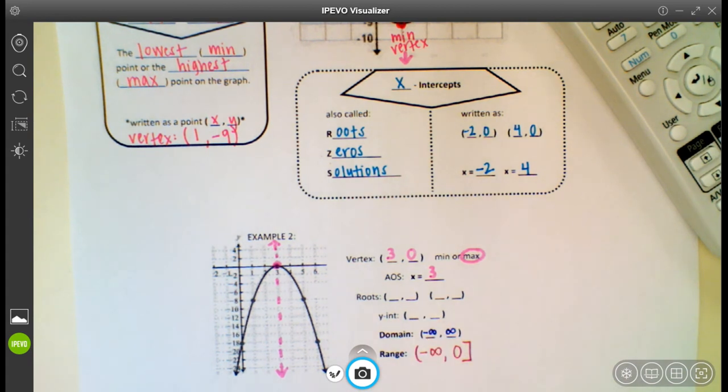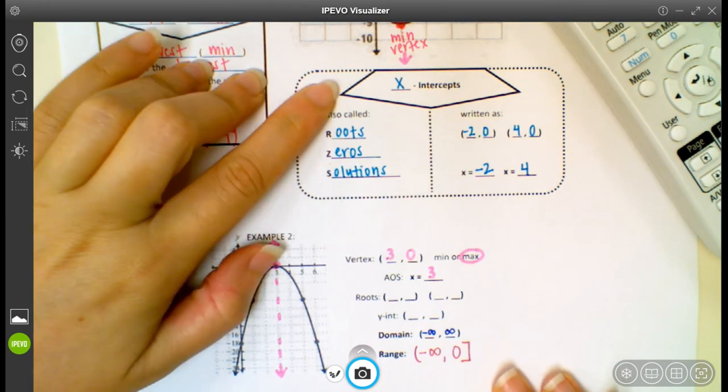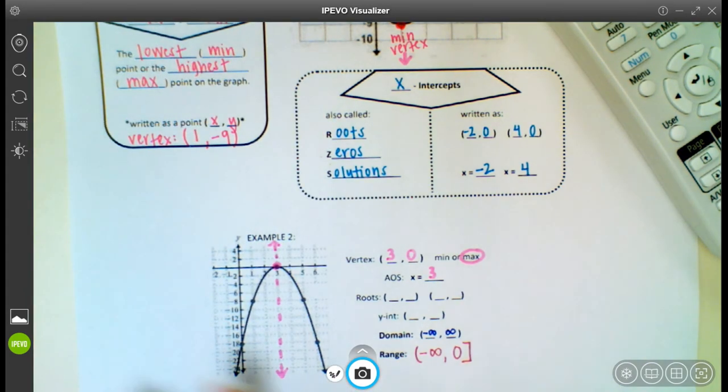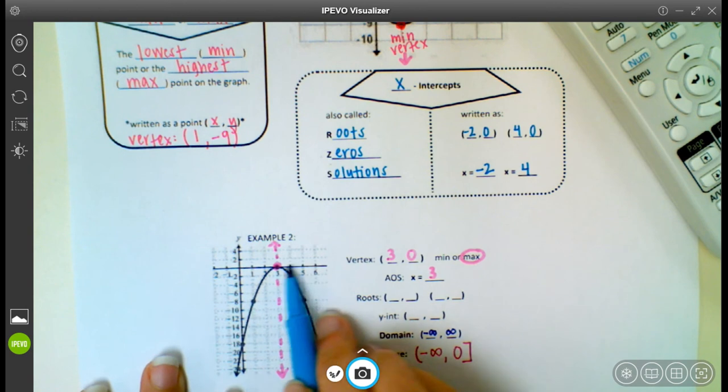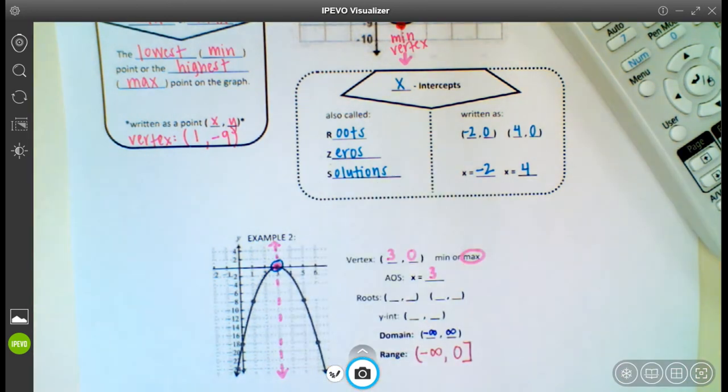All right, 2 more pieces to go. The roots. So we use this word root, which means find me the x-intercepts. So how many times do I cross the x-axis? So we're going to look at the x-axis here. Oh, we only hit 1 time, and it's also our vertex point.